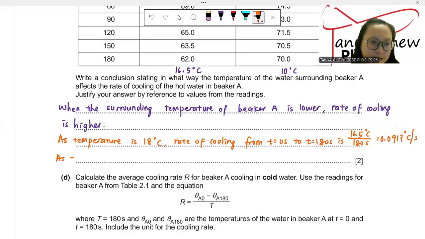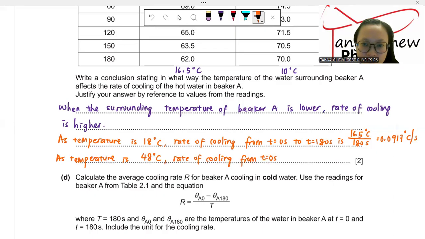And as the temperature is 48 degrees Celsius, rate of cooling from t equal to 0 second to t equal to 180 second is 10 degrees Celsius divided by 180 second.